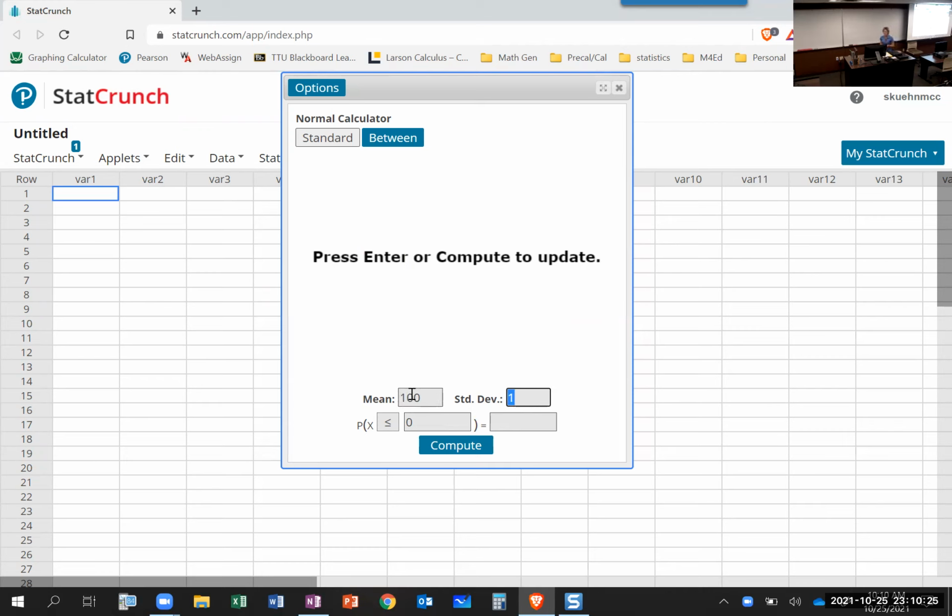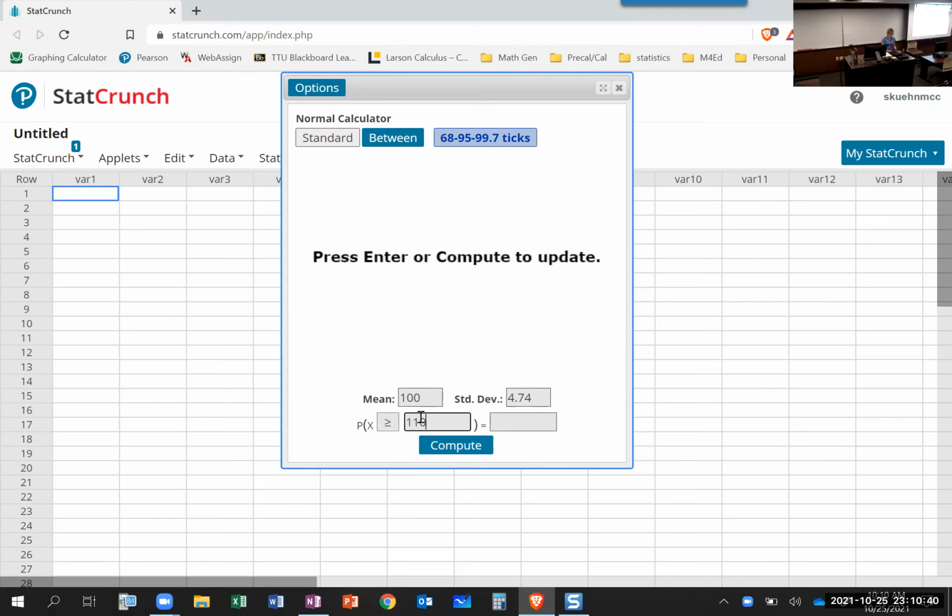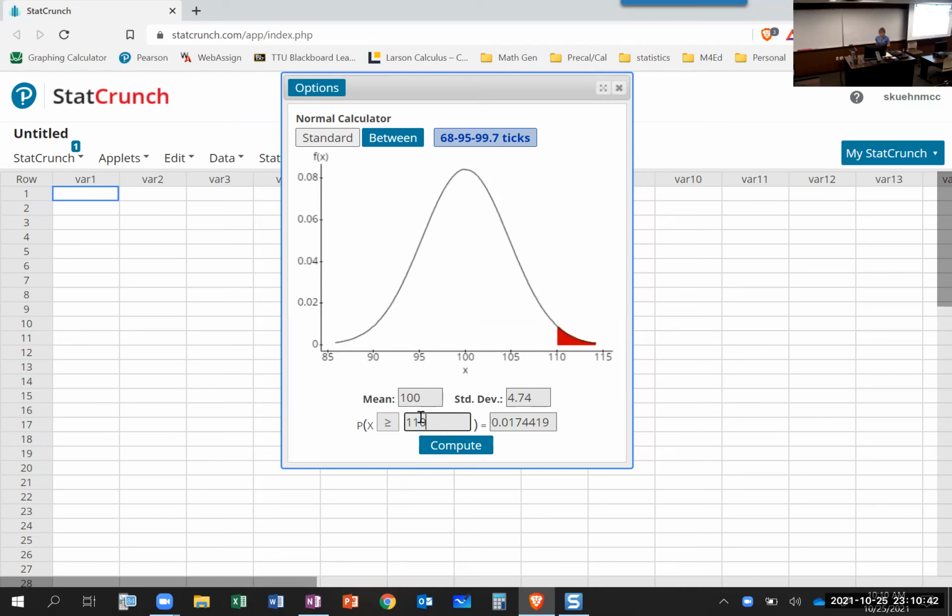What's the standard deviation I'm now going to put in there? 4.74? Because that's the standard deviation of the sample mean. What's the likelihood I get a sample mean back that's greater than 110? 0.0174.